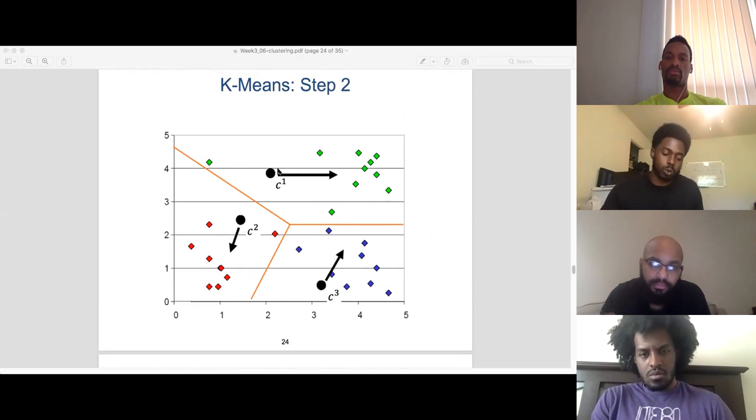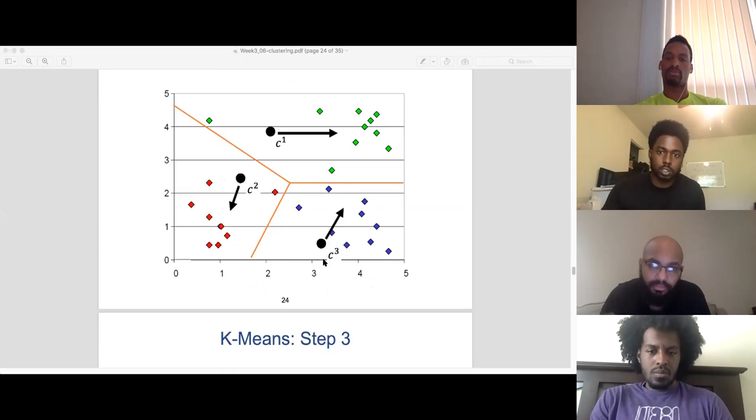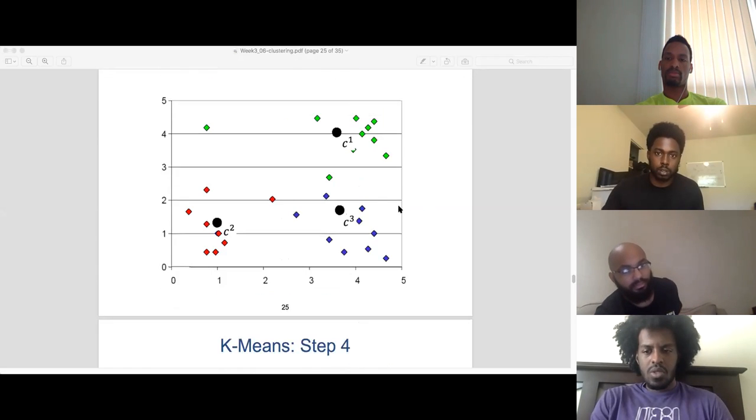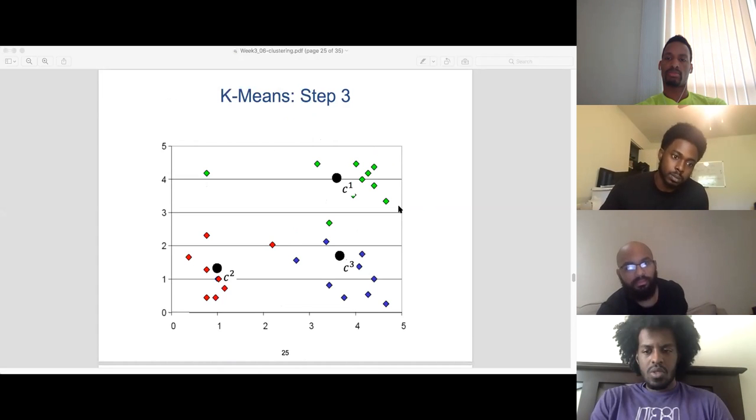And then we're going to find the mean value for all these data points, and we're going to adjust our centroid to be at that mean value. So now we see that C1 has moved to be at the mean of all the green points. Then we want to repeat. So we see how we are selecting C1, C2, C3?